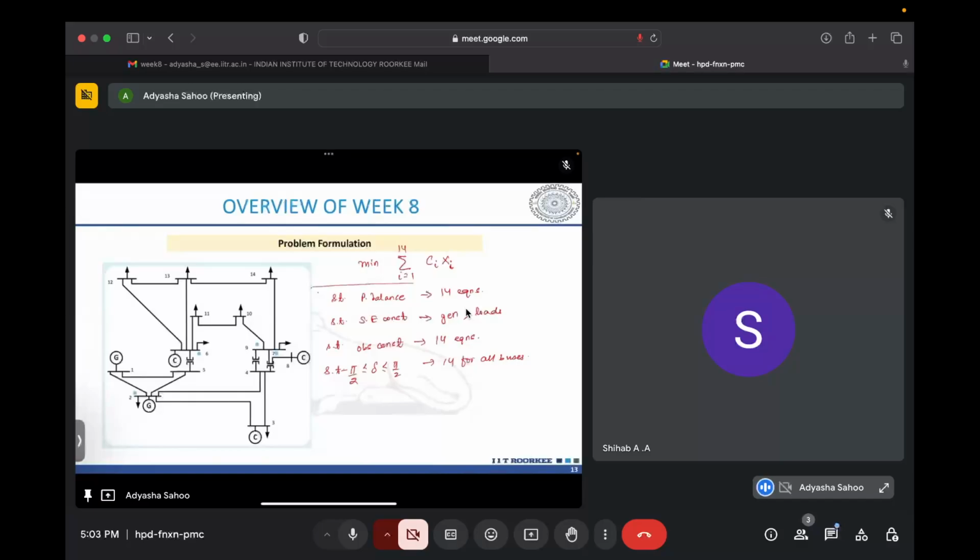Wait. Hello, is the screen visible to you? Is it moving or is it fixed?